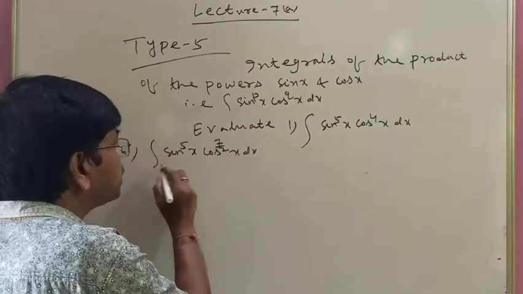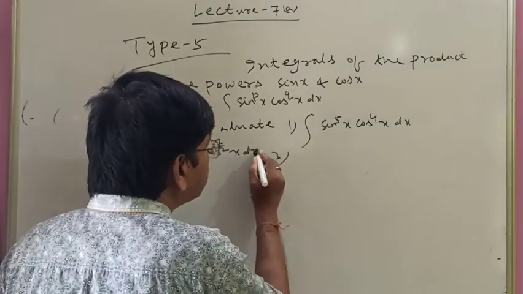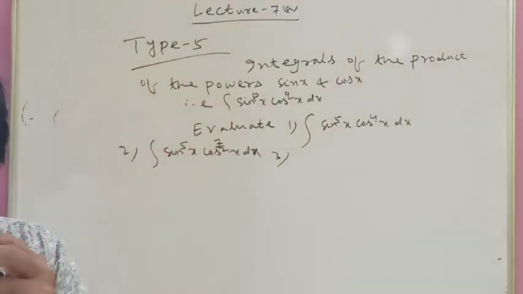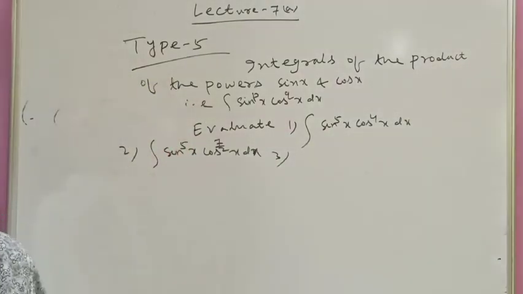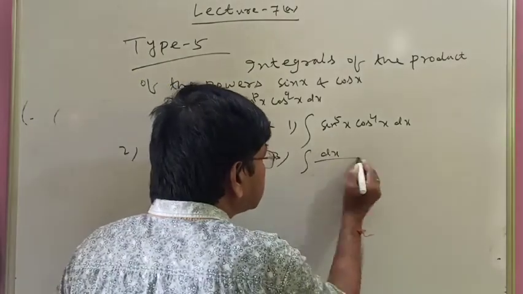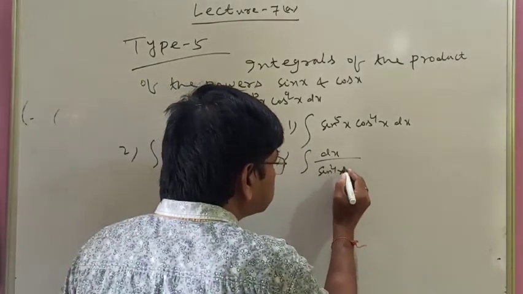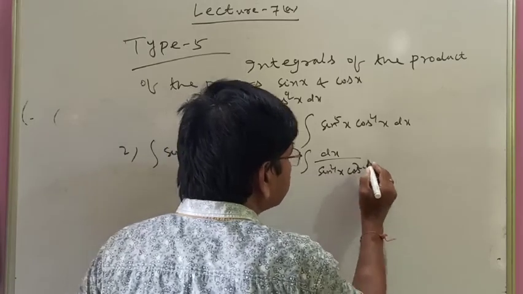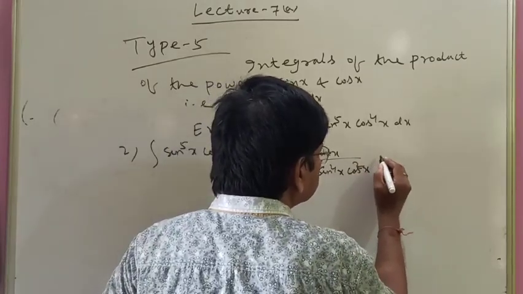Then write question number 3: integration of dx by sin to the power 4x into cos x.